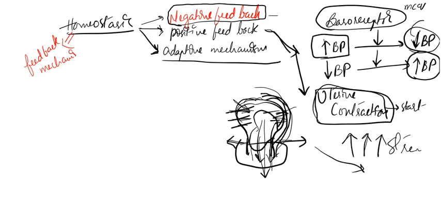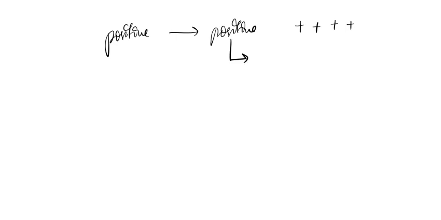But I will tell you a funny and surprising thing. Positive feedback might go in a positive manner only. That means they go on increasing the stimulus or the causative factor, further leading to cycling of the phenomenon. But still, even positive feedback also consists of a negative feedback phenomenon.